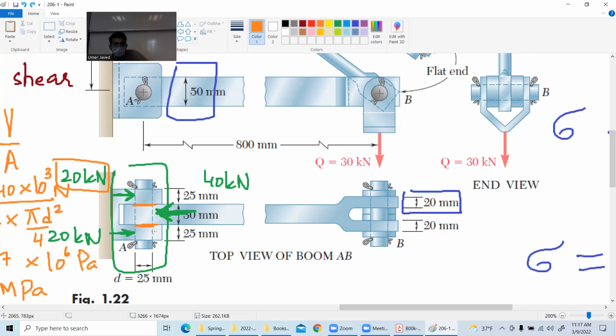Okay. When A subscript X came out to be positive, I am emphasizing in this class, you just put an arrow like this, okay? Like this. And then you go to the right hand side and put an arrow like this to the left. And you say this bar is in compression. His question talks about the fact that now I put an arrow towards the left. So I want to emphasize that you remove the pin, you came up with AX.